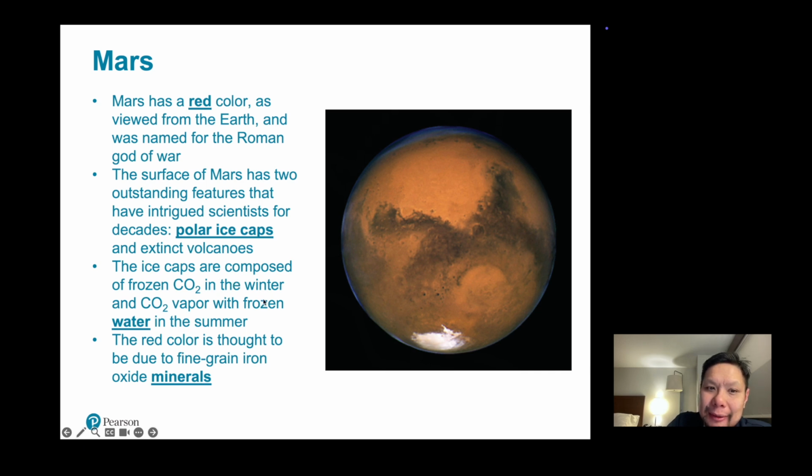But then when the summer comes around, it's actually mostly CO2 vapor with frozen water in the summer. So scientists have discovered there's frozen water on Mars, but I think they've yet to find any actual life on Mars, like maybe bacteria. I'm not sure. But yeah, the red color is due to iron oxide, which is rust on the Martian surface.